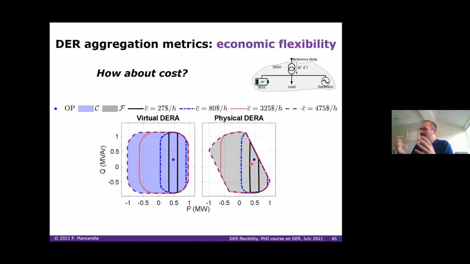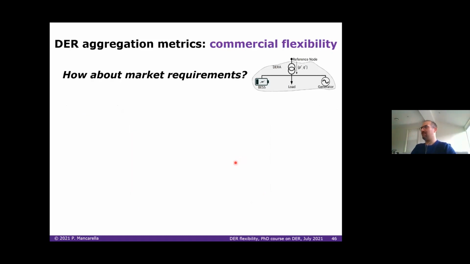So how much does it cost to move from here to, for example, the black envelope or the blue envelope? Again, this depends on the specific cost characteristics of each resource and then overall of the aggregate. And then I basically associate a new flexibility envelope with the cost that it actually requires to move from one operational point to another on the boundary of the flexibility envelope.